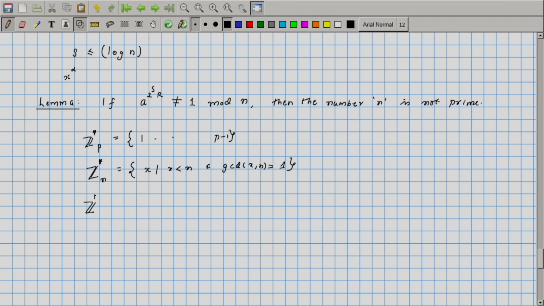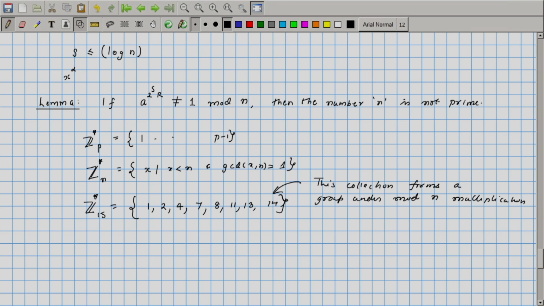For example, if you take z star 15, this will consist of the following elements 1, 2, 4, 7, 8, 11, 13 and 14. So, there are 8 elements here, and you can verify that this collection forms a group under mod n multiplication.